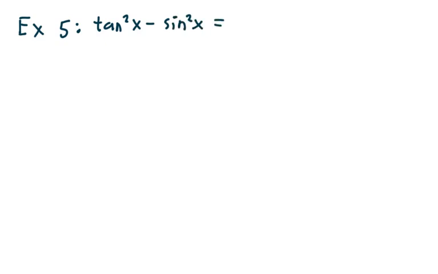On the right side, we get tangent squared x times sine squared x. So which side looks harder is going to be the question. And I would probably say I would look at the left side. So in other words, I'm going to look at tangent squared x minus sine squared x.